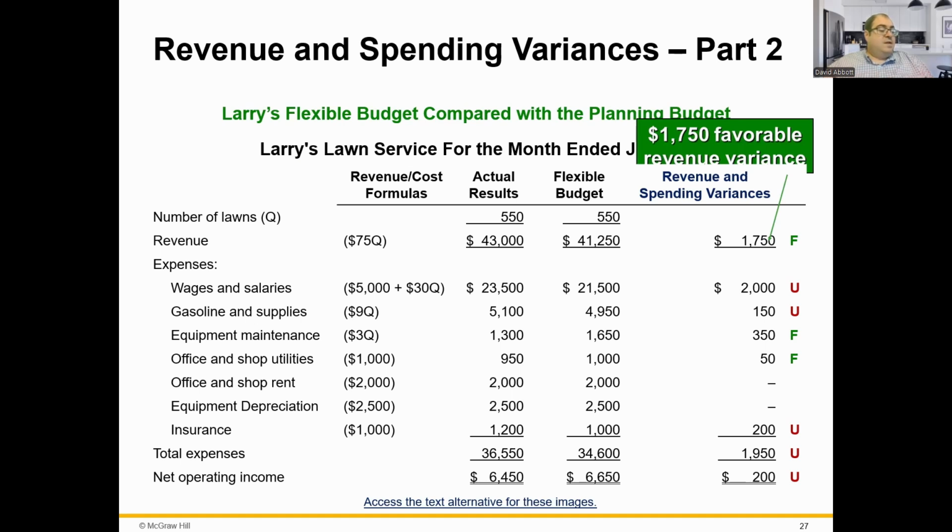So we see that the 1,750 favorable revenue variance indicates that the actual revenue exceeded the budgeted amount that would have been expected if he did 550 lawns. So the revenue was higher than what the budget said it was going to be.